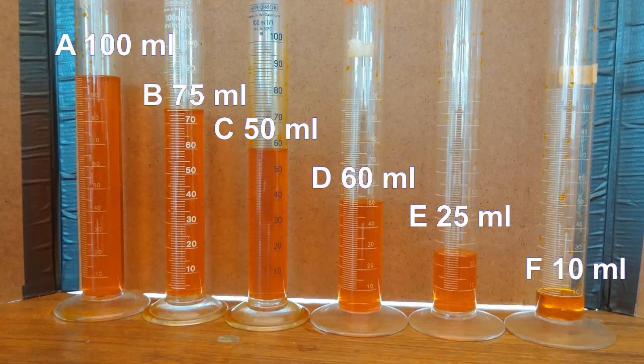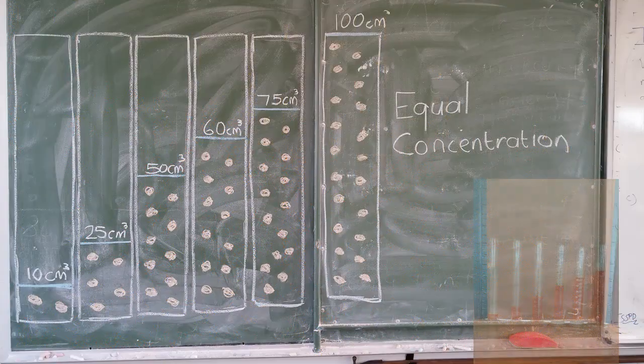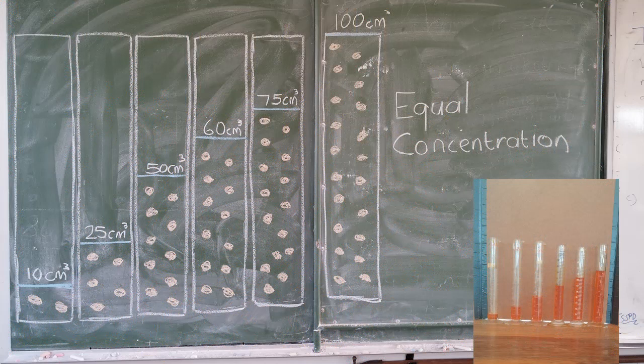I want you to look at the color of the 6 solutions, because now I'm going to ask you, which of these is the most concentrated? I've drawn the measuring cylinders with the representation that the number of particles is decreasing from the 100 centimeter cubed to the 10 centimeter cubed measuring cylinder.